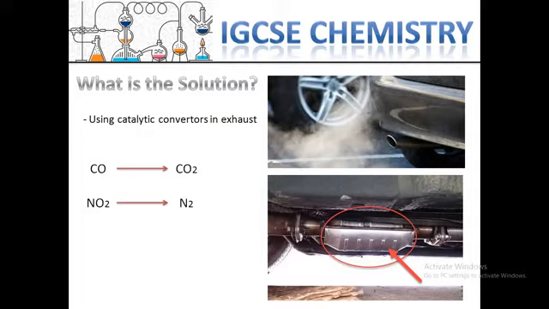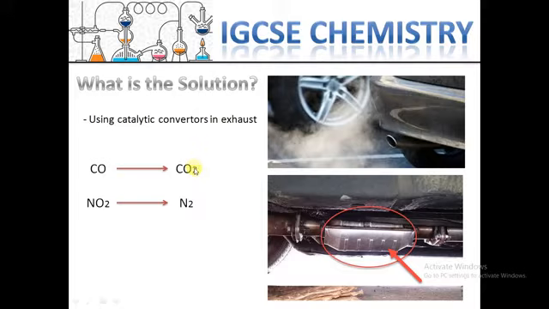this catalytic converter, before releasing the fumes or pollutants, can function as a filter. Then it can change the carbon monoxide, as I said, which blocks your hemoglobin and has some other side effects, to CO2, carbon dioxide.